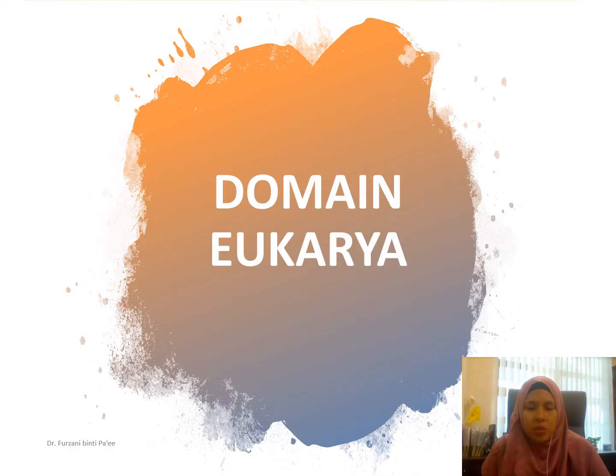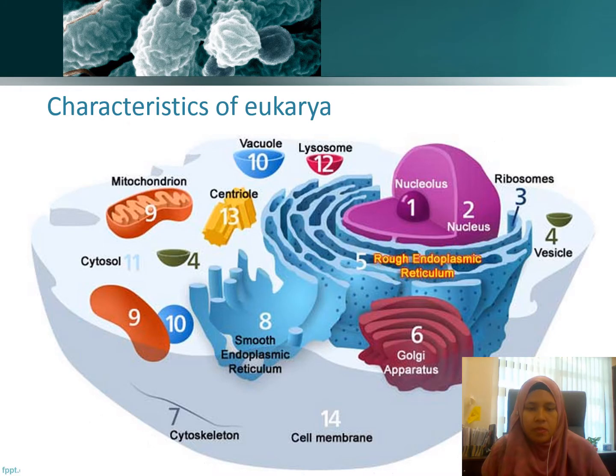Now the third domain, which is the one that we'll be talking a lot about, is domain Eukarya. Okay, so Eukarya, we know that it is the only domain of the eukaryotes. So meaning they have a nucleus, and also they are multicellular, and they have organelles, and they are very complex.